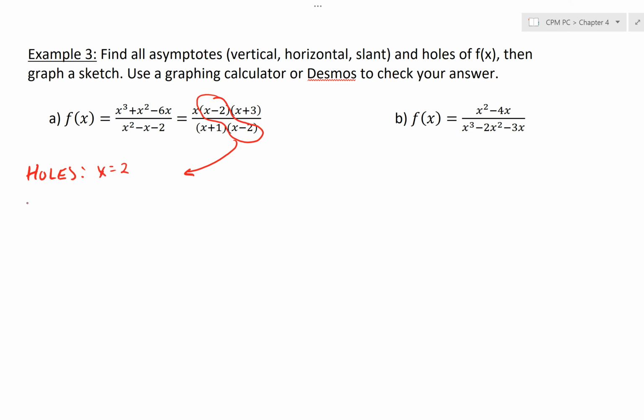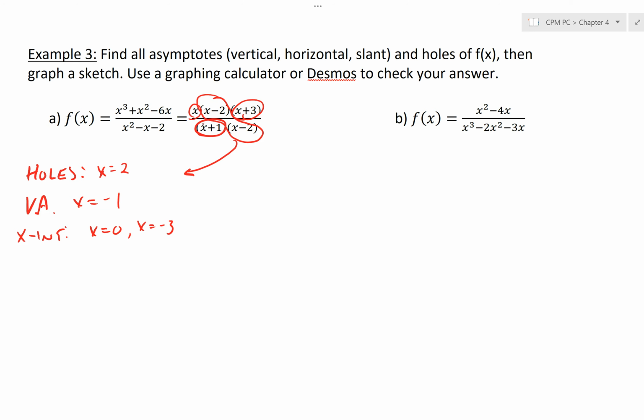And then vertical asymptotes are going to be when the denominator is 0, but not the numerator, so that's only at x equals -1. And then the remaining factors on the top tell us the x-intercepts. So x equals 0 and x equals -3 give us the x-intercepts.